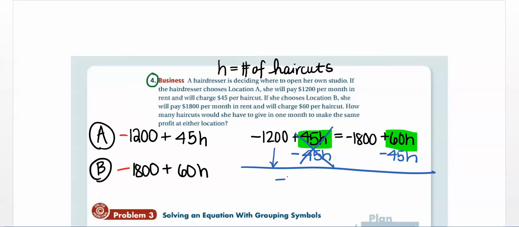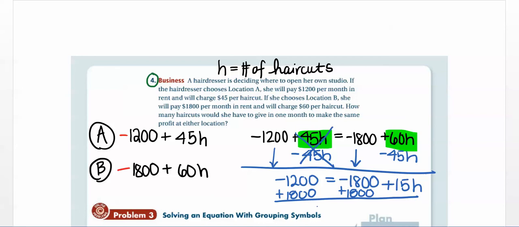Bring this down, we get negative 1,200. Bring this down, equals negative 1,800. 60 minus 45 is 15H. Now I'm going to undo what's happening to H. So I'm going to add 1,800 to both sides. That's 600 equals 15H.